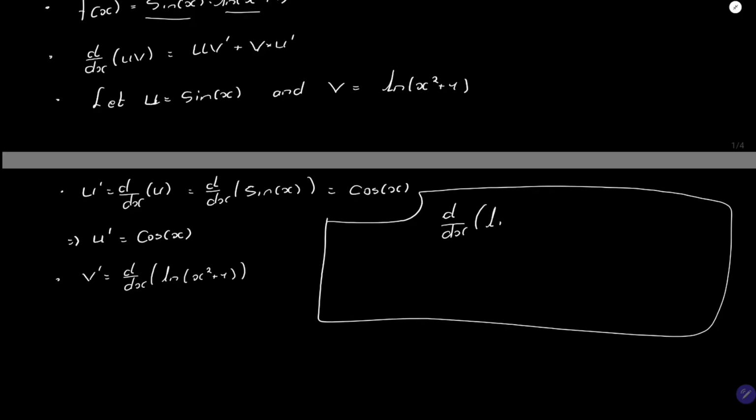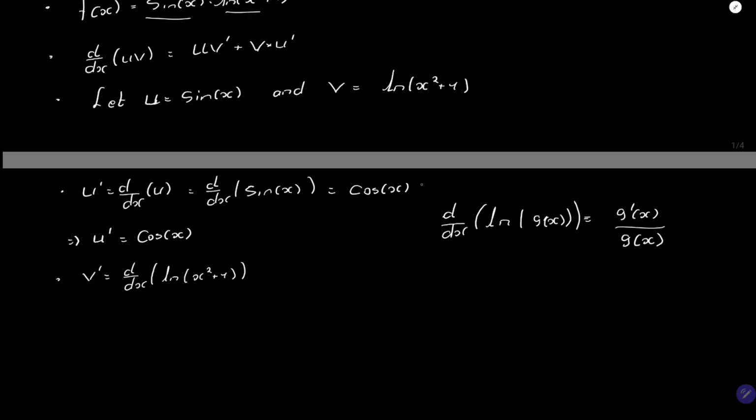The function ln of g of x gives us the function g prime of x on g of x.